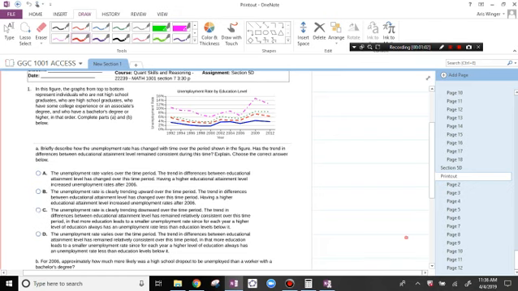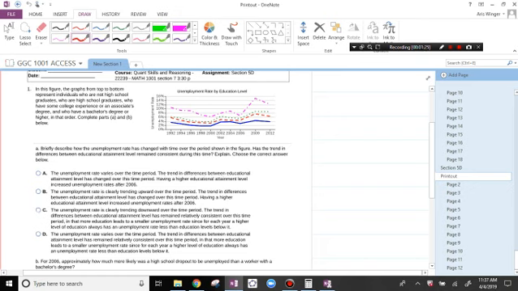And so it looks like the unemployment rate varies over time, but the differences between each one of the groups roughly remains the same. The spacing between the groups remains the same. So when they ask about the differences, when you're looking at the picture, you're just talking about the spacing between the groups remaining roughly the same.